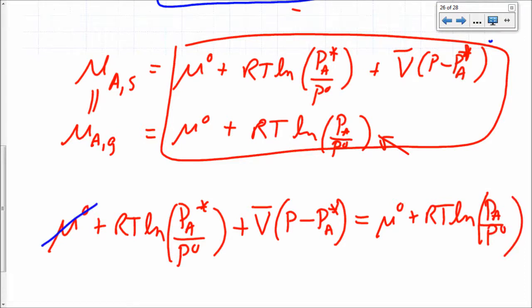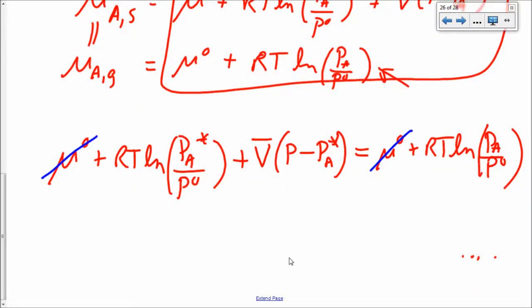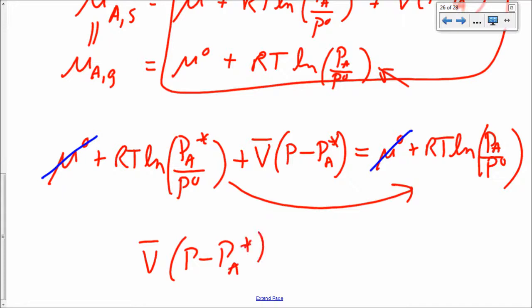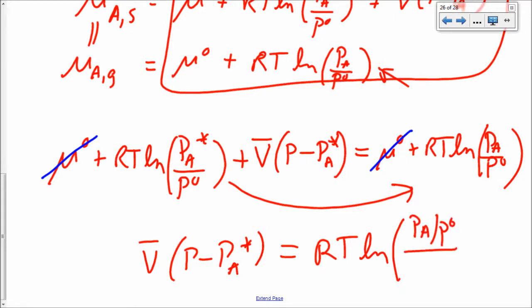So we can cancel mu naught and combine the log terms, and we end up with RT ln... okay, I'm going to move this one over to the other side. So I'm going to have V bar times (P minus PA star) equals RT ln PA over P naught divided by PA star over P naught.